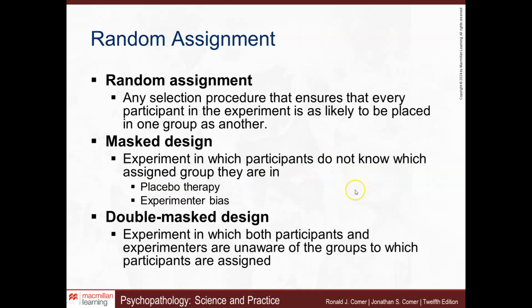And some will experience things like experimenter bias, or they may receive placebo therapy. And then the double masked design is the experiment in which both the participants and the experimenters are unaware of the groups to which the participants are assigned.